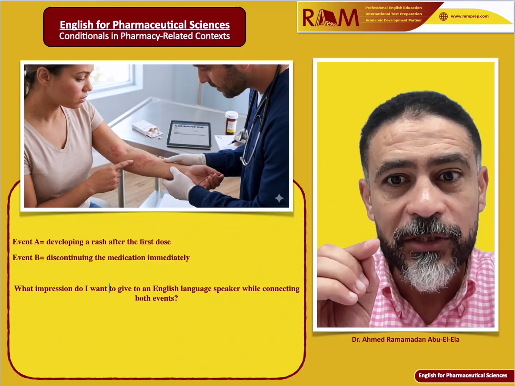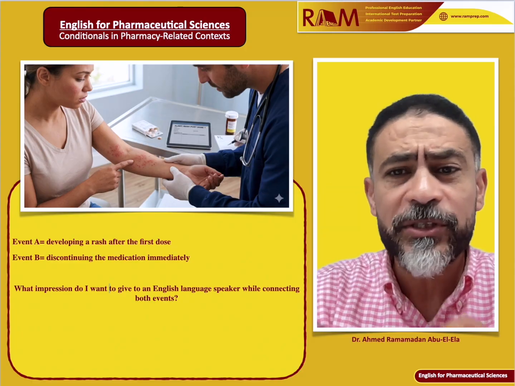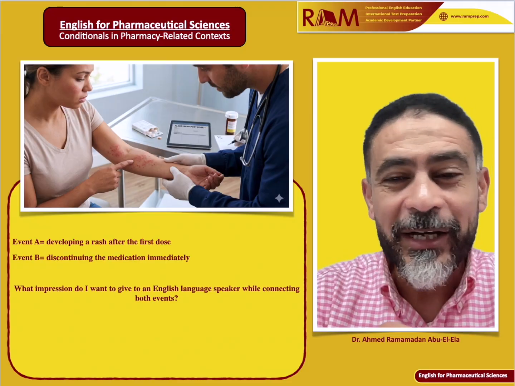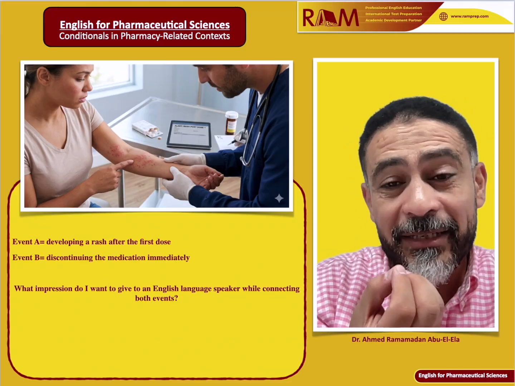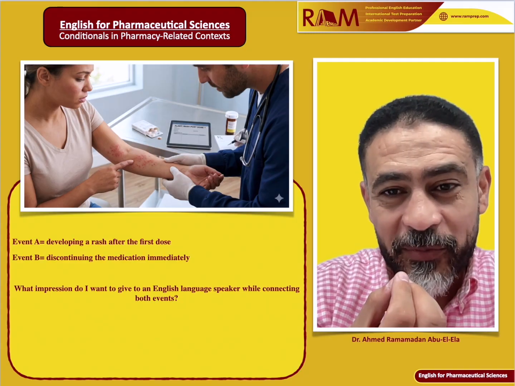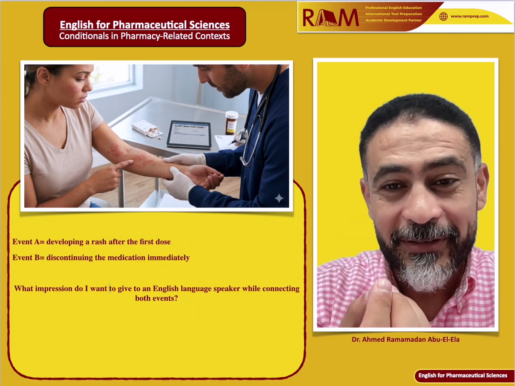In the zero conditional, I want to give an impression of 100% certainty, of zero doubt. But in first conditional, while connecting event A with event B, I want to give an impression that it is possible, it is probable, not that it is certain.